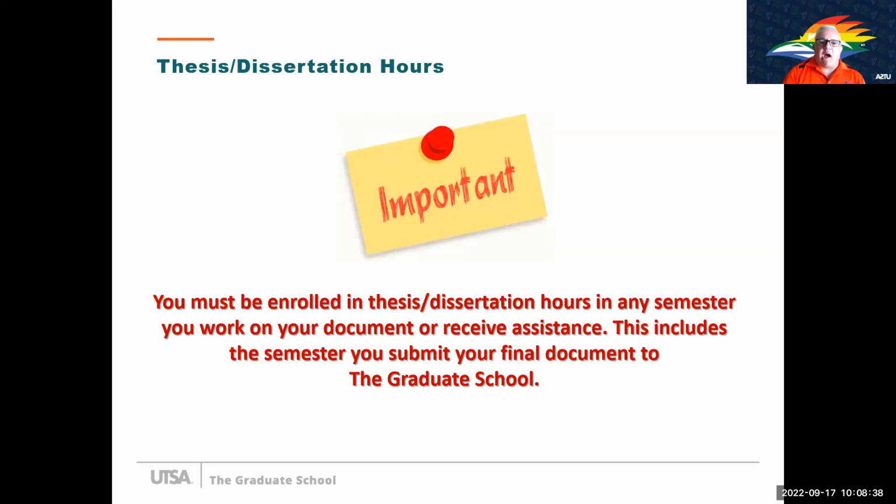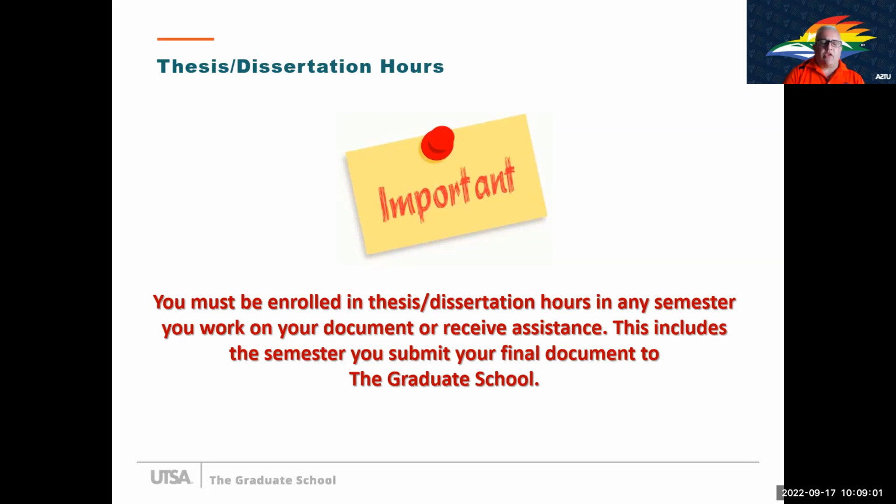Thesis and dissertation hours. This is important. You must be enrolled in thesis or dissertation hours in any semester you work on your document or receive assistance. This includes the semester you submit your final document to the graduate school. This can vary, it depends on your program.